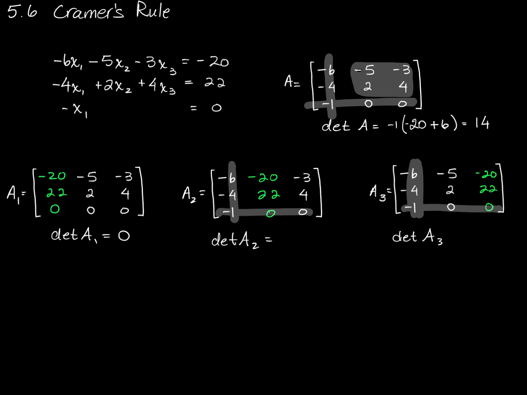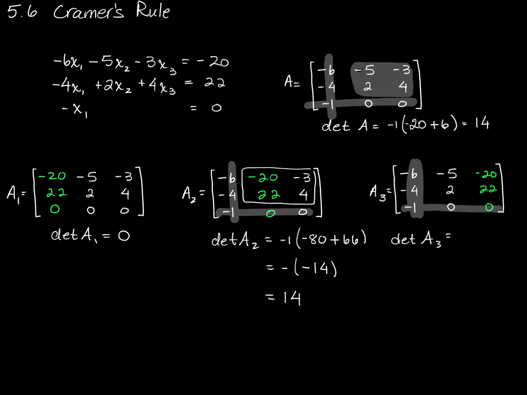I'm going to have that -1 times this determinant. And that determinant is -80 minus -66. Now 80 minus 66 is 14, but it's -80 plus 66, so it's -14. And that means I have a +14. Double checking my sign here, I have row 3, column 1, 3 plus 1 is 4, -1 to the fourth power is positive, so there's no sign change here.